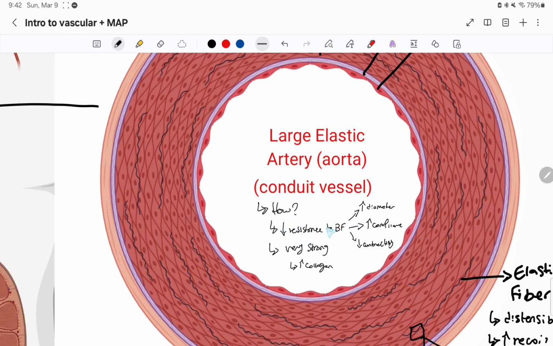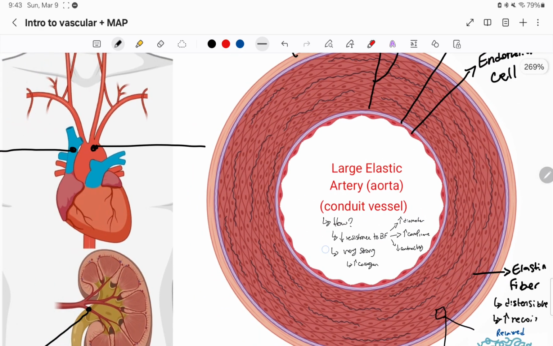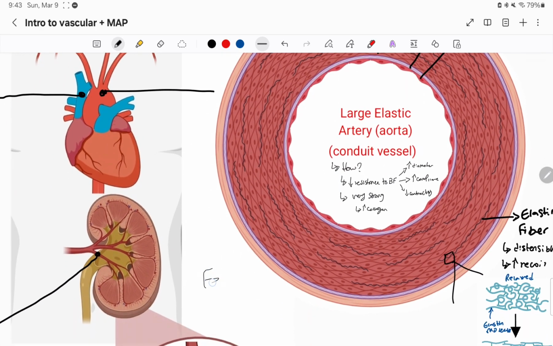And how does it do this? Well, it's got a low resistance to blood flow, right? And if you guys remember your Poiseuille's law, flow equals pressure over resistance. We know that if my resistance to blood flow increases, my flow will go down. But we don't want that. We want the aorta, which is a conduit vessel, to bring blood from the heart to the organs without changing the flow, okay?